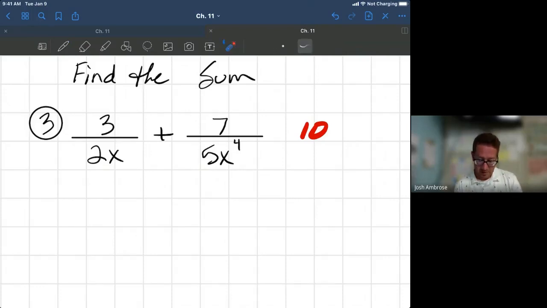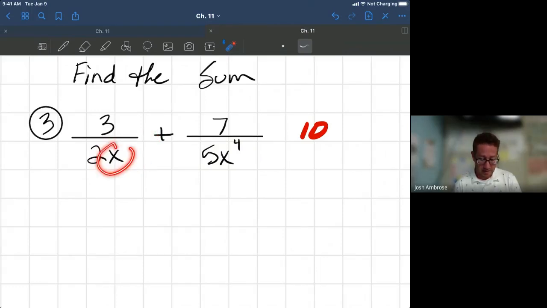Now let's look at the variables. I have x to the power of 4 and then just x. Now, what's nice with variables is if you have one that's noticeably bigger, like x to the 4, you can make x become x to the 4 if you just take x and multiply it by x to the 3rd, right?